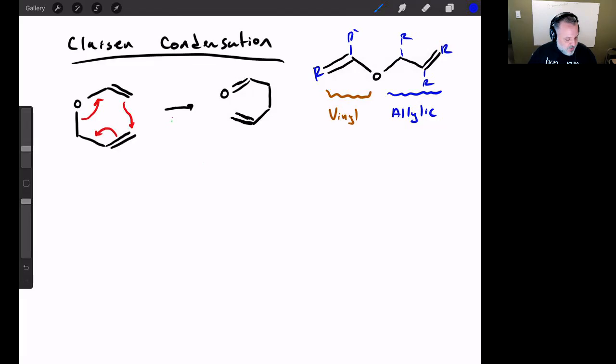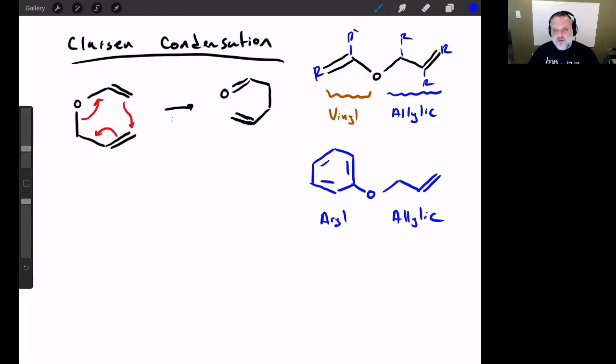Now, it could also happen with vinyl and aryl. So with allylic and aryl. So it could be aryl, remember, is directly attached to a benzene ring, so it could be like this. So this is aryl, allylic.